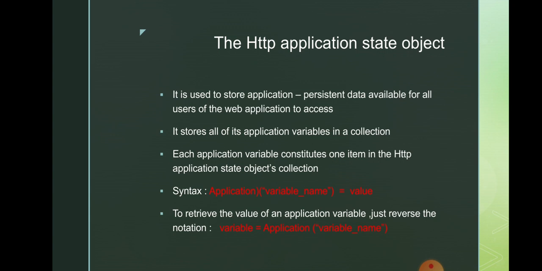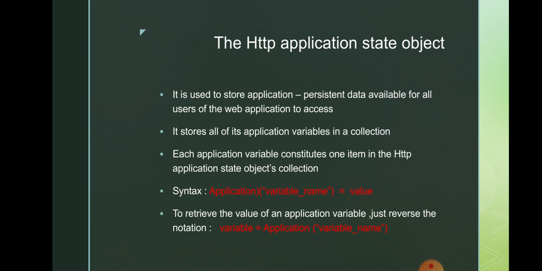It helps to store the data which are available for all the users who are accessing that particular web application. Also, it stores all the variables in a single collection. Each application variable constitutes one item in the HTTP application state object's collection.